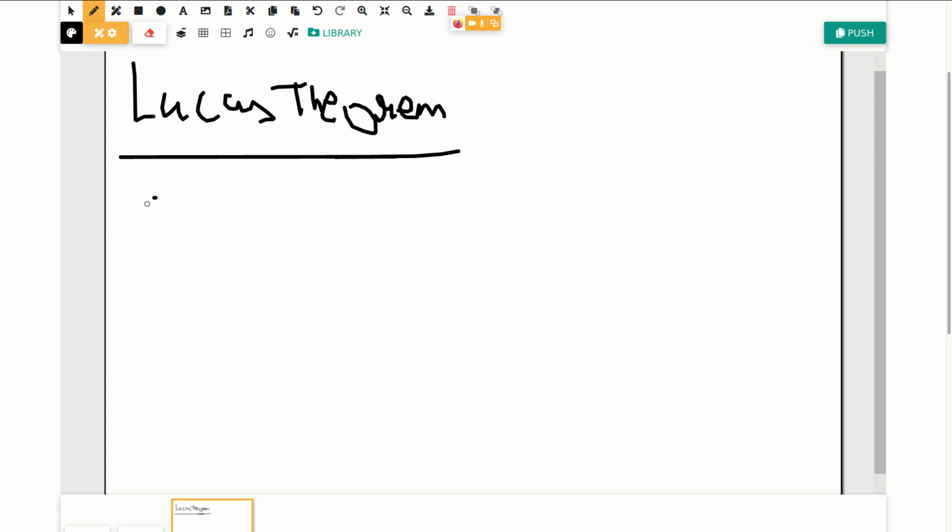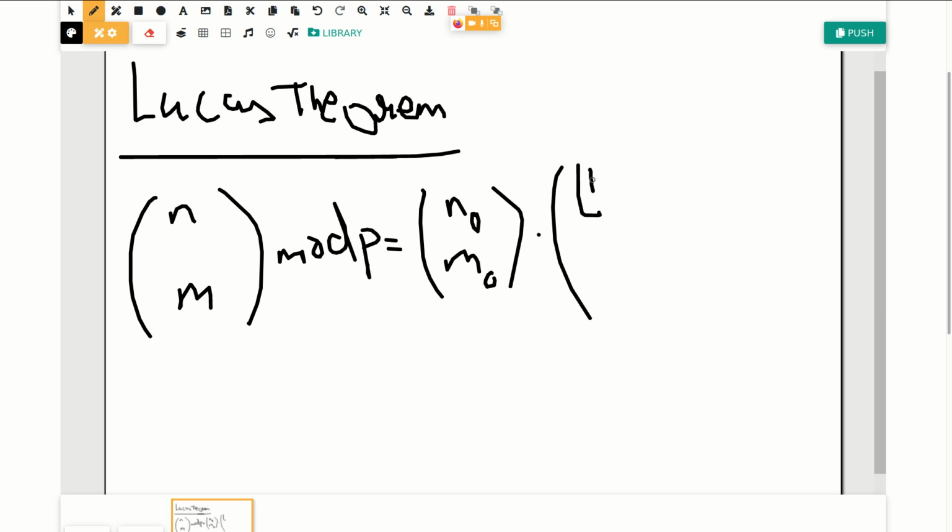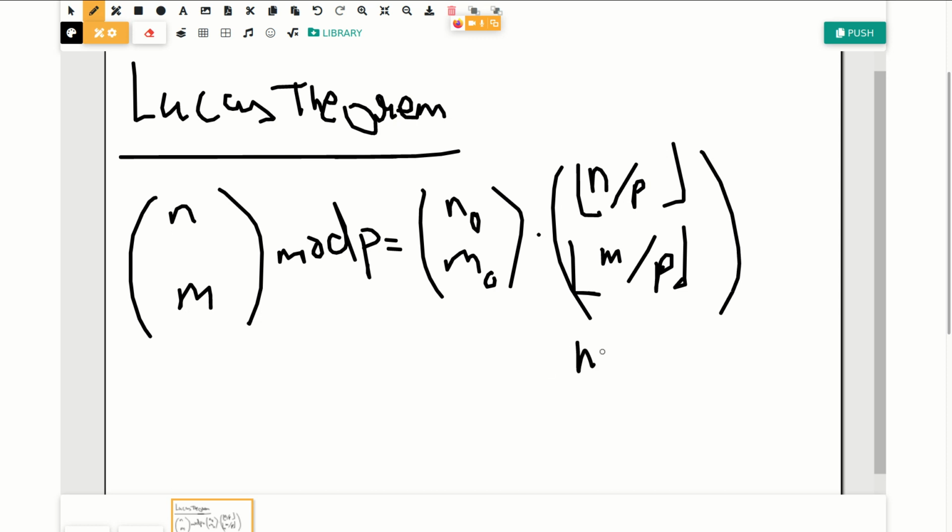So the theorem is, if you have to calculate NCM under modulo P, you can write it as the combination of N naught, M naught, multiplied by the combination of N by P and M by P. This entire thing is under modulo P. So what are N naught and M naught here?